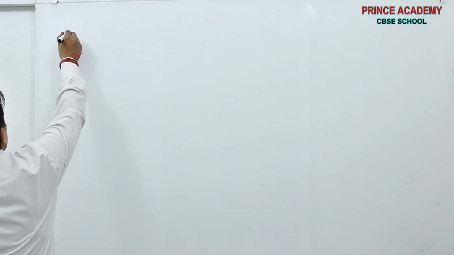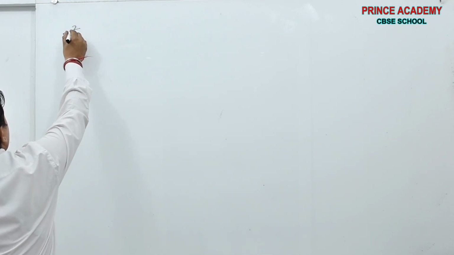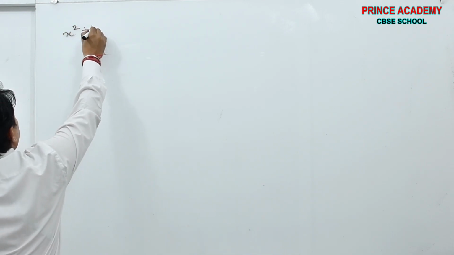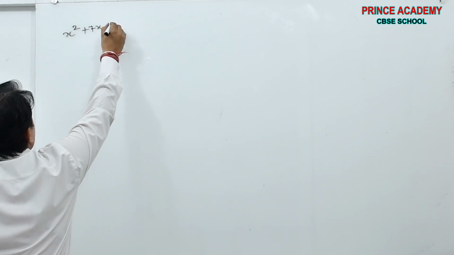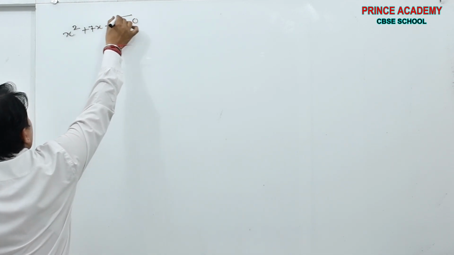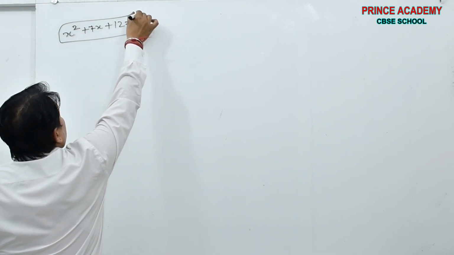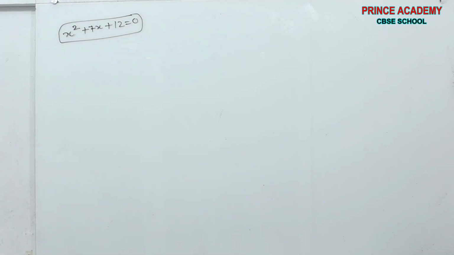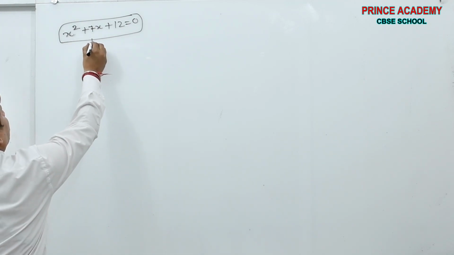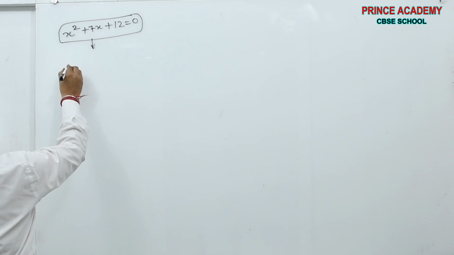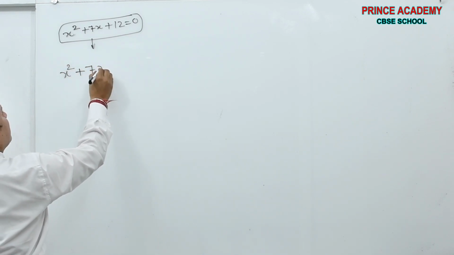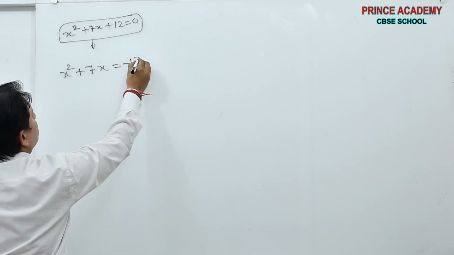Suppose x square plus 7x plus 12 is equal to 0. What will it be? x square plus 7x is equal to minus 12.